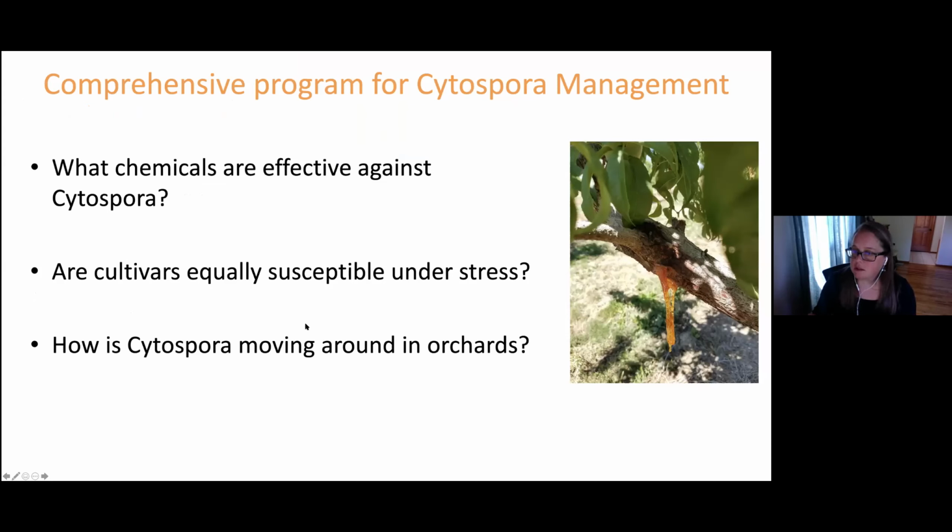Any questions for the cultivar susceptibility before I move on to how Cytospora is moving around? We have one question back to the chemical treatments. If you were to mix up the Topsin plus latex, what would the ratio be? It's usually 50-50. So it would be 3% Topsin, because you would mix 3% in water, right, for the Topsin, and then 50% latex.